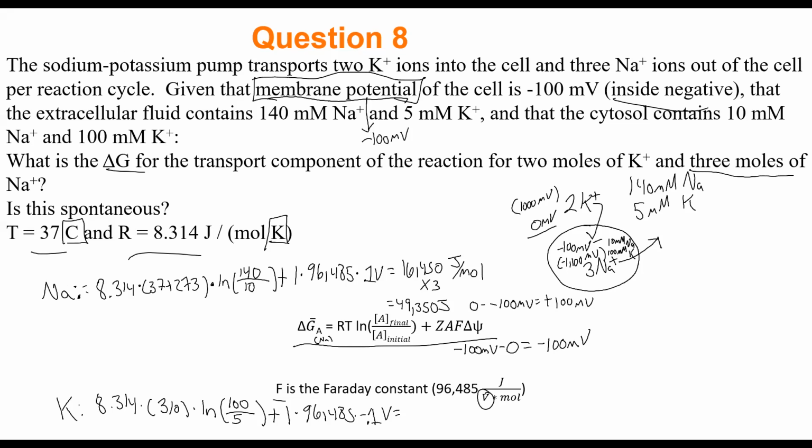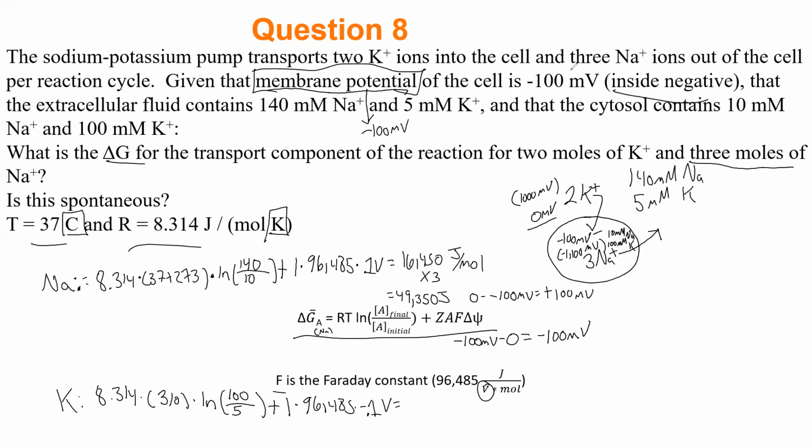So we do that calculation and we get negative 1,927 joules per mole. So the movement of one potassium is negative 1,927. However, we have 2 moles of potassium, so I multiply that number by 2.